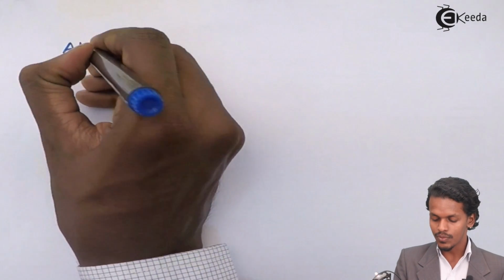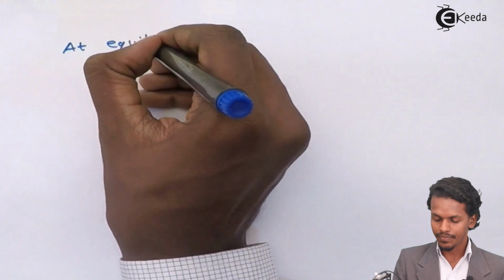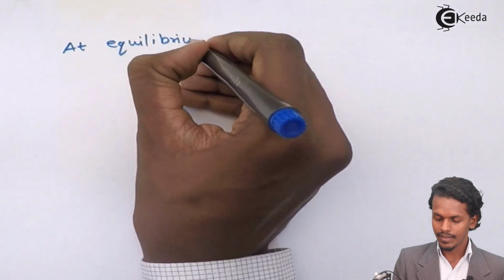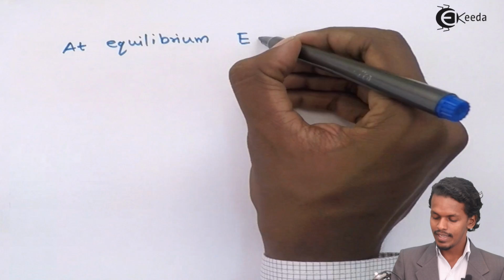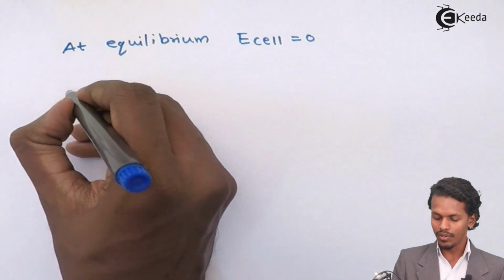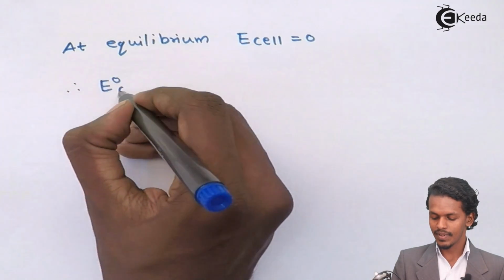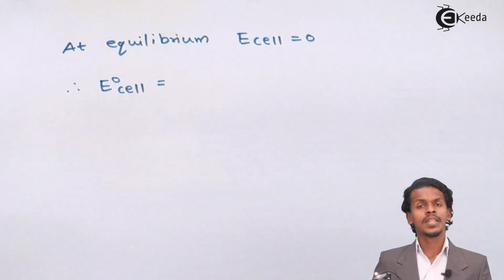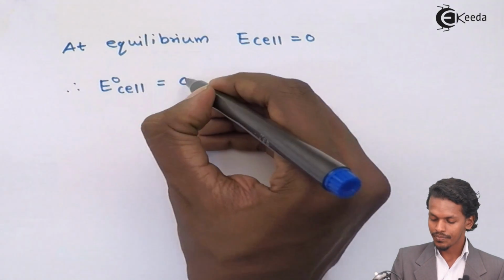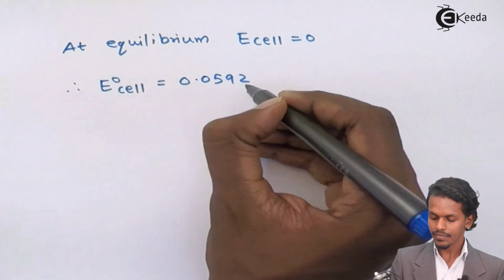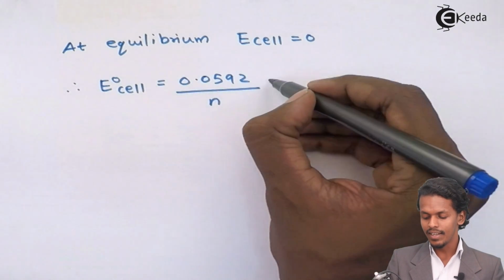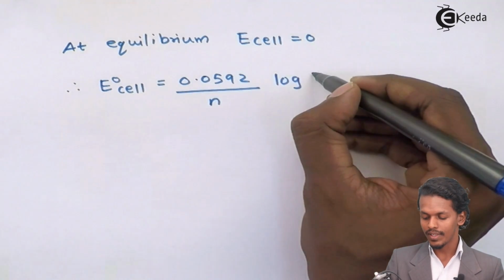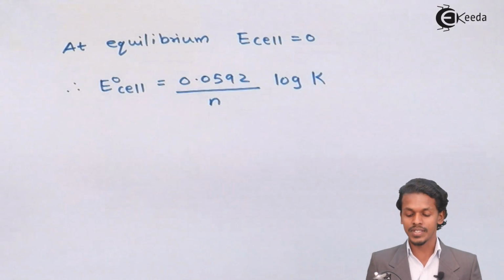So the formula for E naught cell will be, I will write it this way, that at equilibrium E cell will be considered as 0. Therefore E naught cell will be equal to 0.0592 divided by n log to the base 10 of K, that is the equilibrium constant.